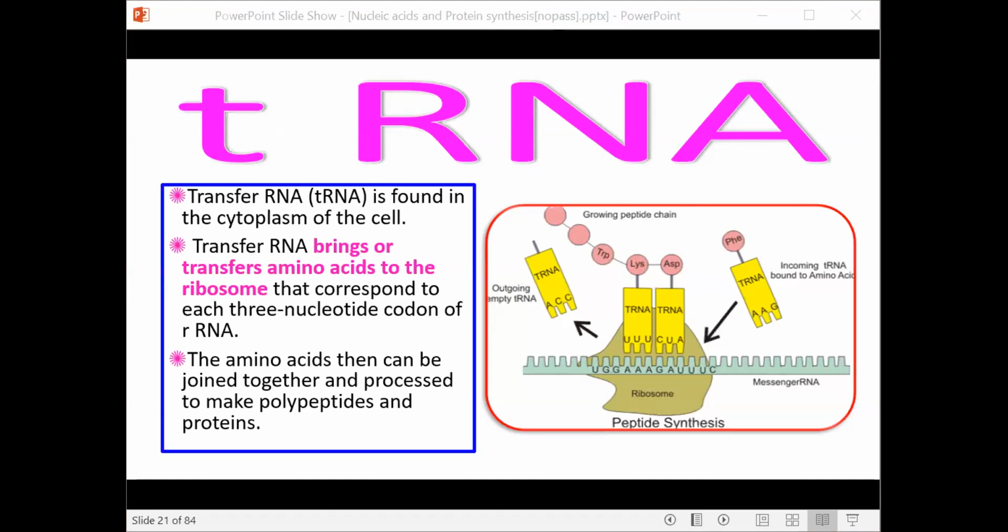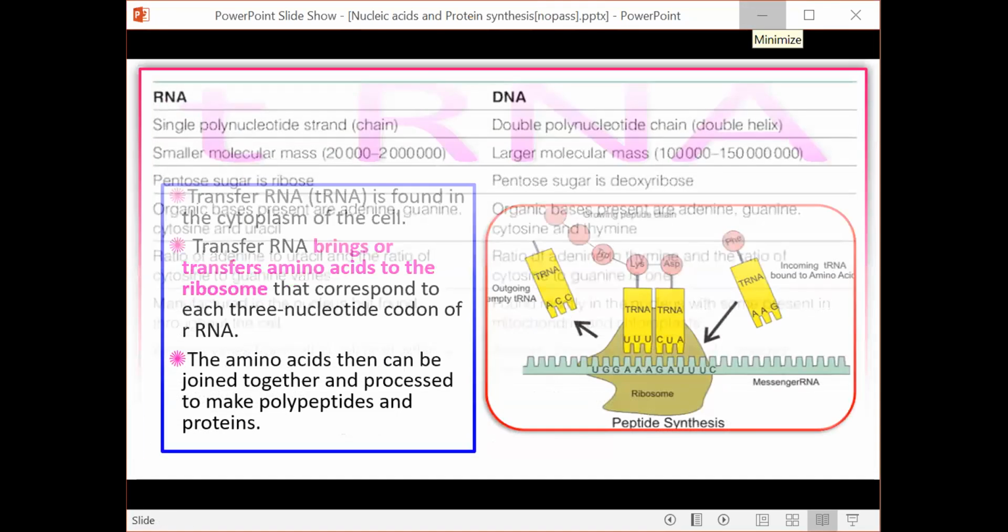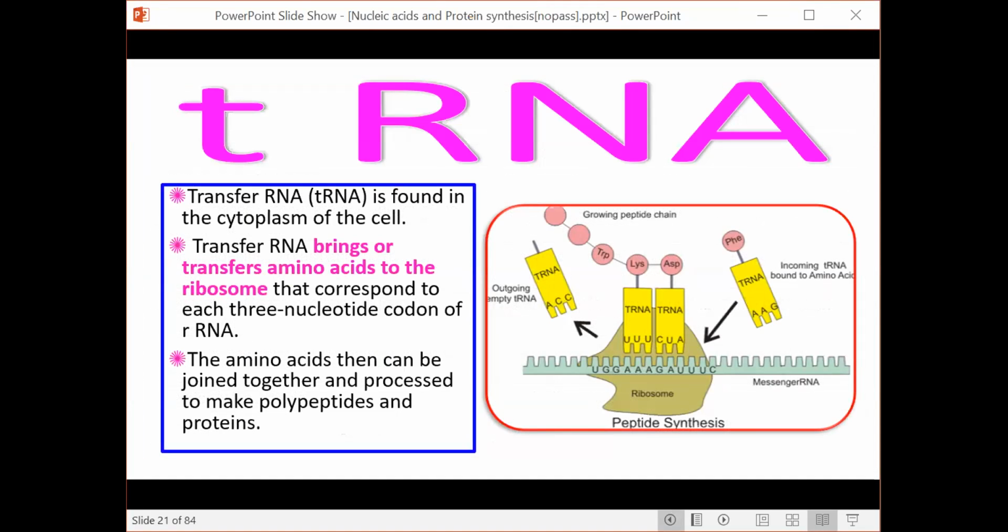tRNA. We had discussed the structure of tRNA, the hairpin structure, and the clover leaf structure, the arms of the tRNA, what they are doing. The job of the tRNA is to bring the amino acid to the ribosome during the translation.